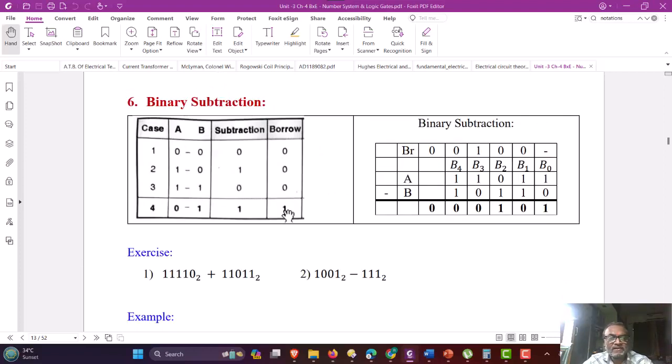Now binary subtraction. Again we will see the rules of subtraction. Here the table shows the rules of single bit binary subtraction. Number A and number B are the single bit binary numbers.